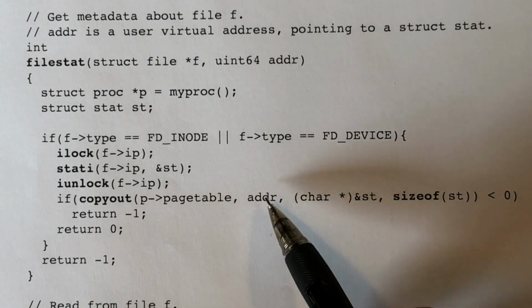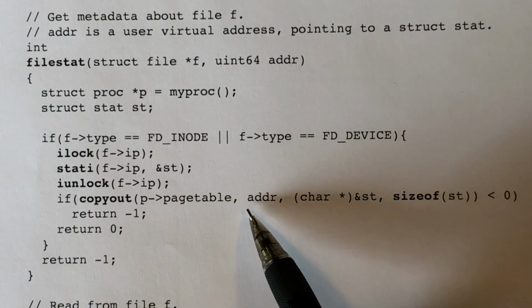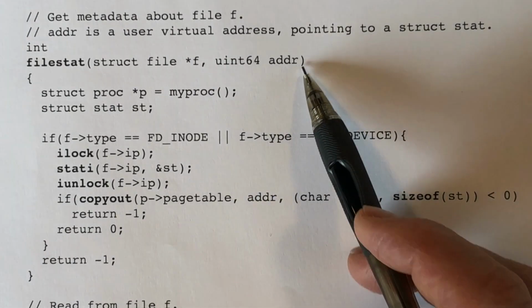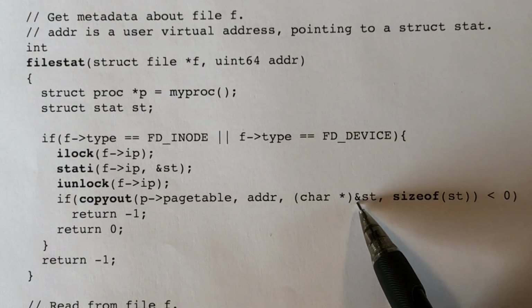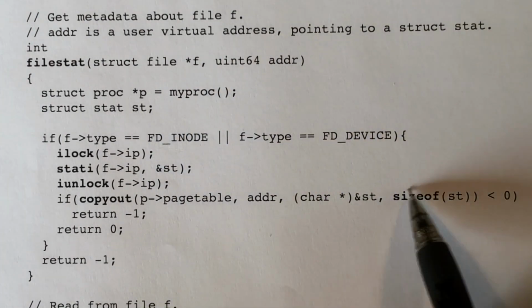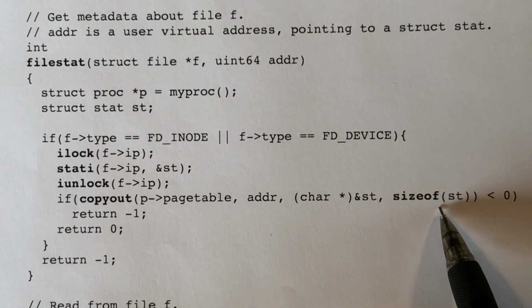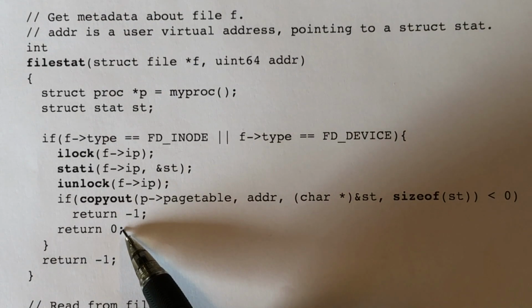So we are copying to the virtual address space described by this page table, and here is the virtual address that we're copying it to, and then here's where we're copying it from, namely this local st variable, and we're copying however many bytes that structure takes. And if there's a problem, we return -1, otherwise we return 0, and everything's okay.